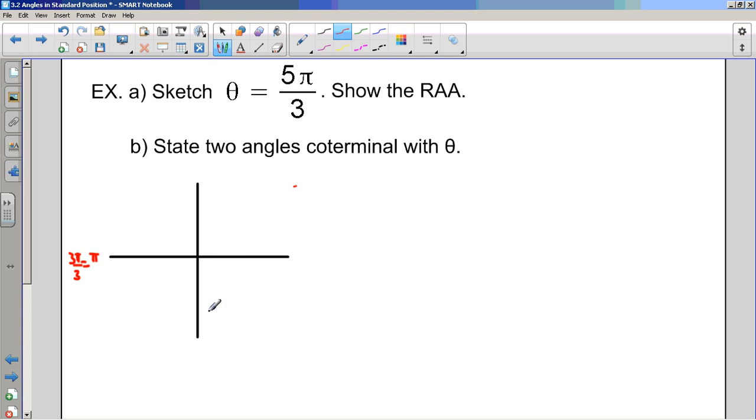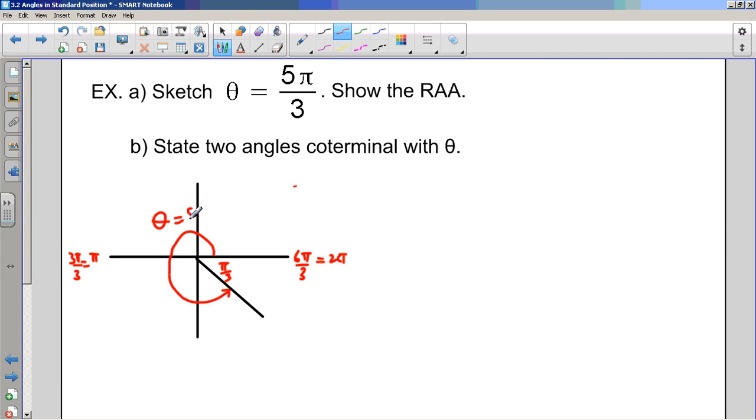I need 2 pi over 3 more, and in fact, it's one less rather than 6 pi over 3. 6 pi over 3 is a full way around, so I'm thinking about pi over 3 less than 6 pi over 3. Right? This angle here, 3 pi over 3, 4 pi over 3 is over there somewhere, 5 pi over 3.